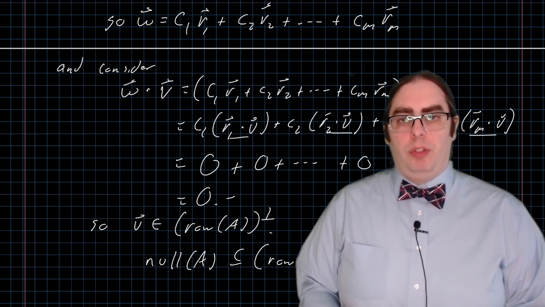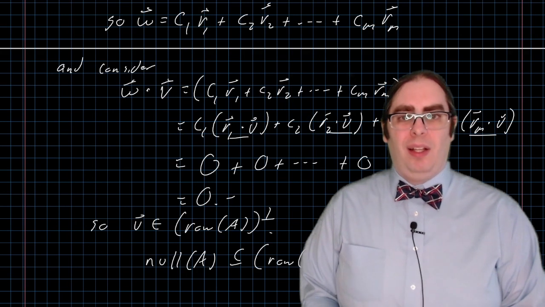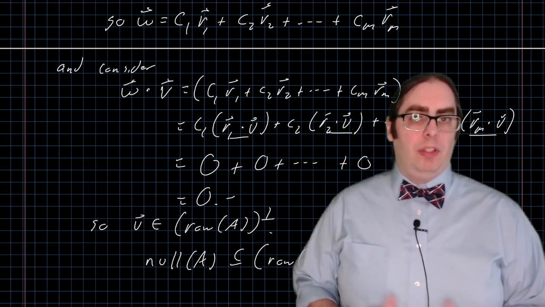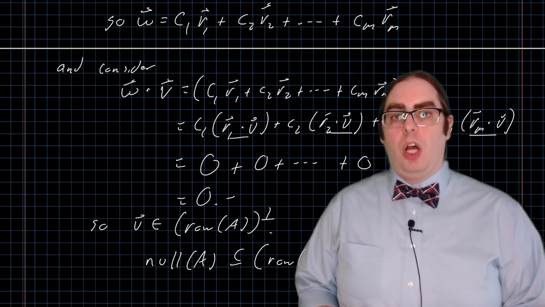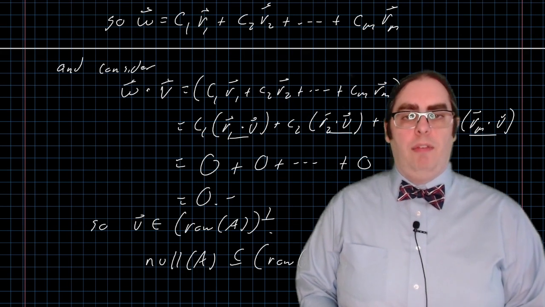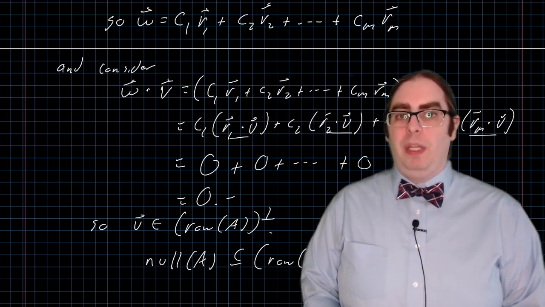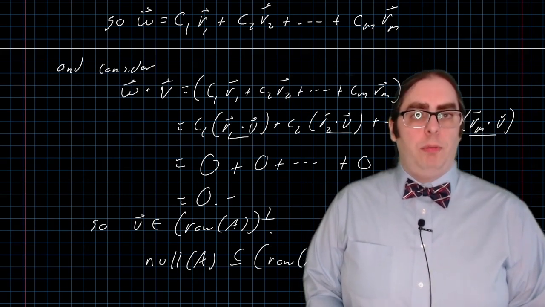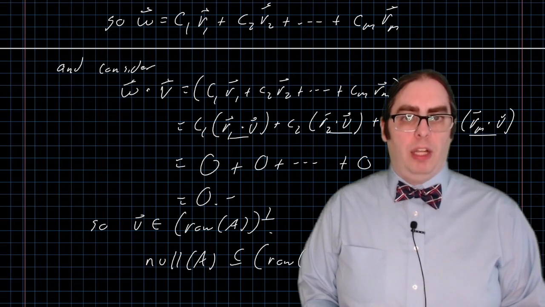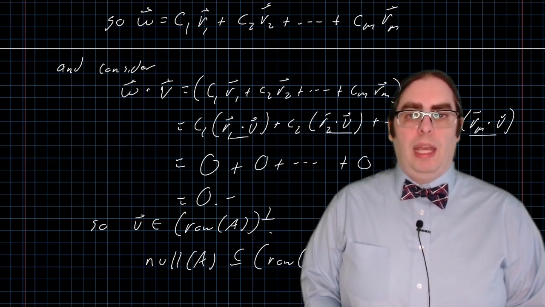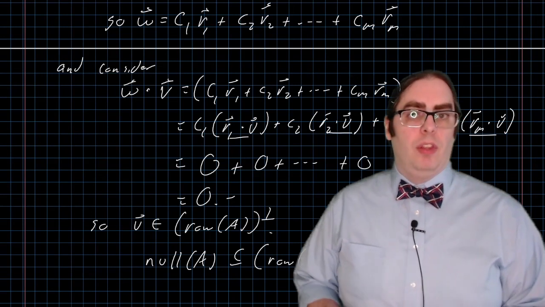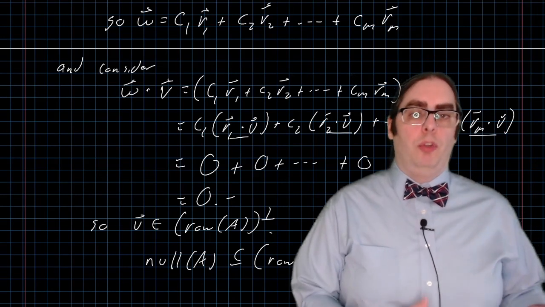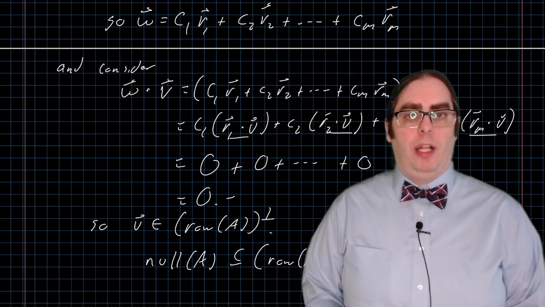Something that I don't want to get into in any detail this semester is that this proof can be combined with a very similar one, taking the column space of a matrix and the null space of the transpose of the matrix. The column space of a matrix is just the row space of its transpose, so it makes sense that the column space of the matrix is orthogonal to the null space of the transpose of the matrix just as well.